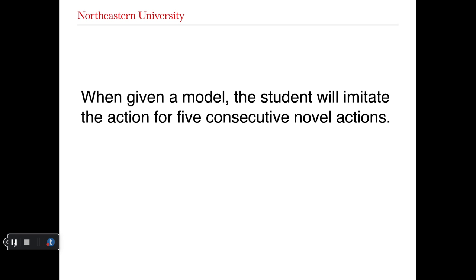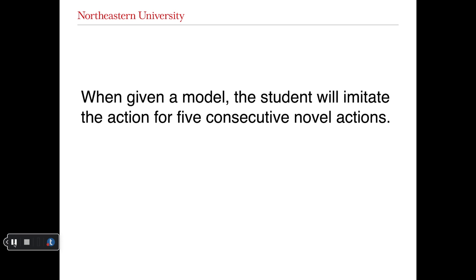All right. So the who here would be the student. The what will be imitate. The when would be when given a model. And the to what extent would be for 5 consecutive novel actions. Thinking about that here, this may be precise or not precise enough depending on a situation.